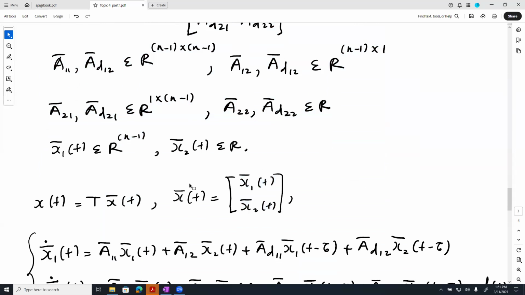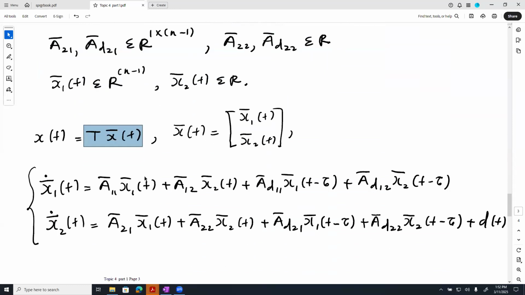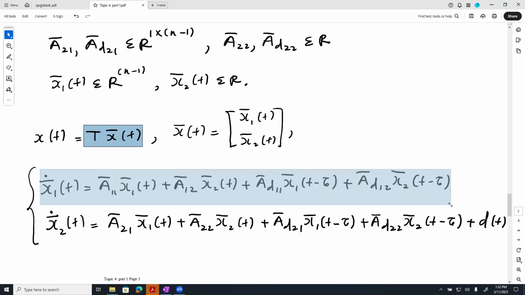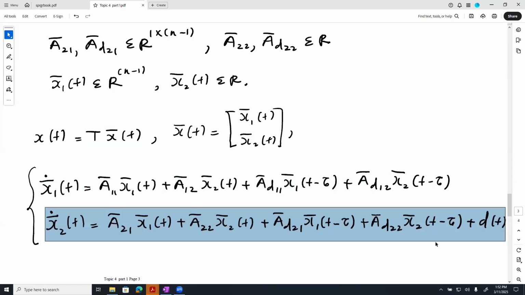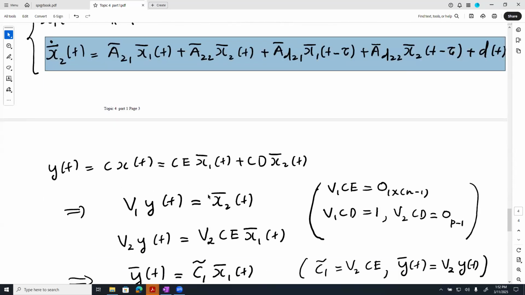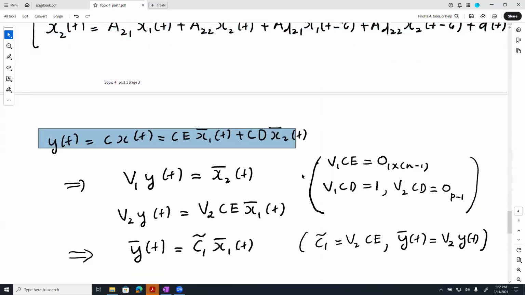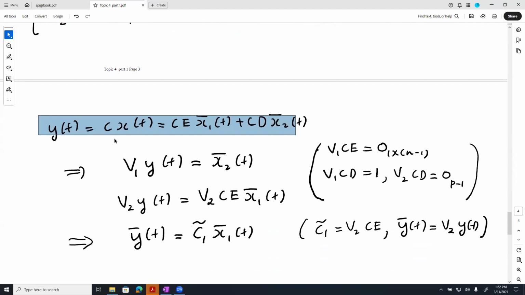So when we apply the state transformation to the original time delay system, we can rearrange and split that into two equations. The first equation is this equation here, and the second equation is this equation here, which explicitly gives us the expression for the unknown input d of t. And just like previously, we also consider the output measurement vector. And then we multiply both sides by matrix V1, V2, which is the inverse of that.